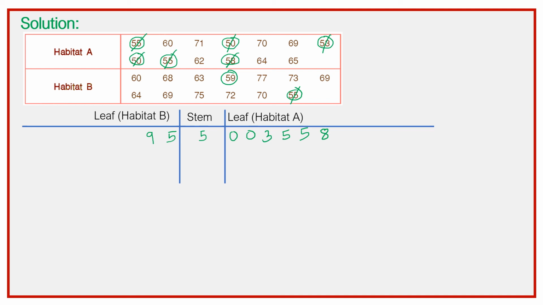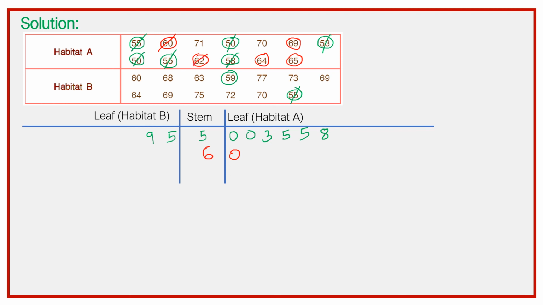The next one we have 60. So 60, we have 65, we have 69, we have 64, we have 62. So we write 6 and then 0 for 60.